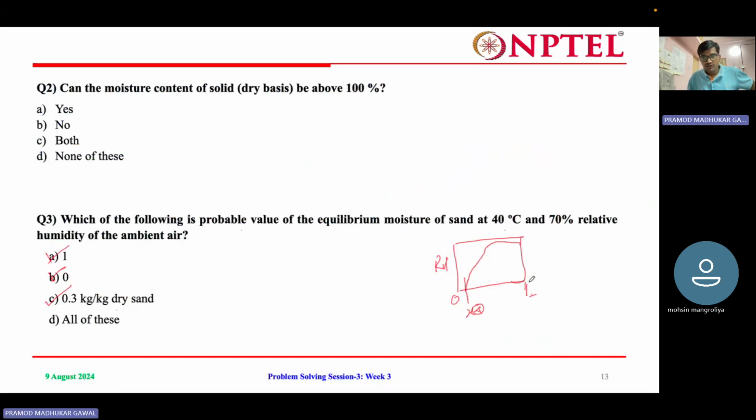So 1 is not possible because it is a higher value for the moisture, but it is not the equilibrium moisture, and 0 is not possible. So it's below equilibrium. The probability is less than the equilibrium moisture content. So C is possible. Clear or not? Yes, sir.